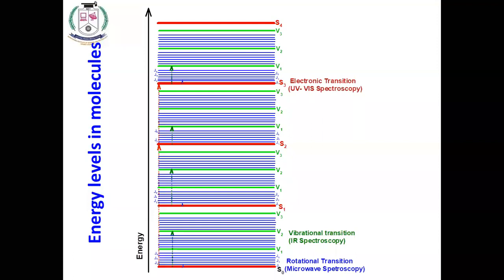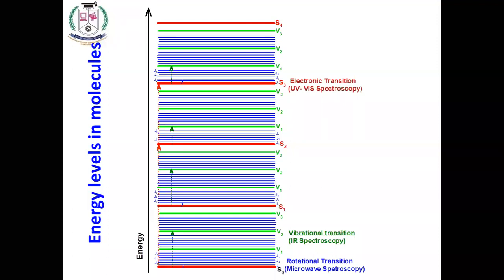Within S0 and S1, we have V0, V1, V2, V3. They are vibrational levels. Within each vibrational level, we have rotational energy levels, that is J1, J2, J3, J4, J5, J6. This is the representation of energy levels in molecules.